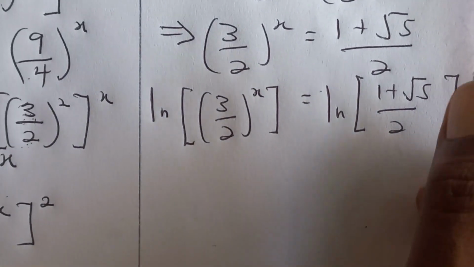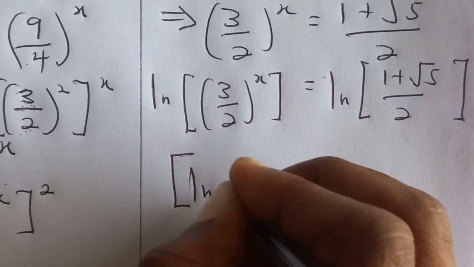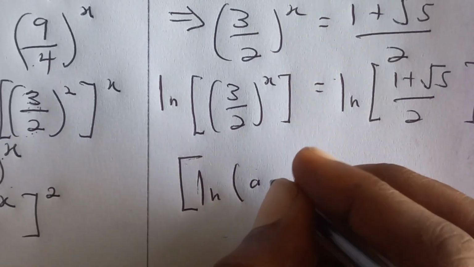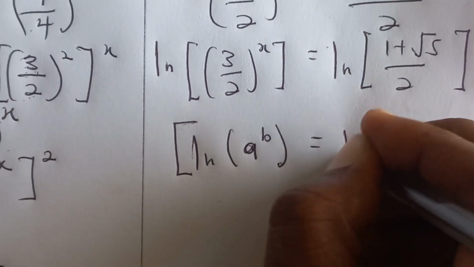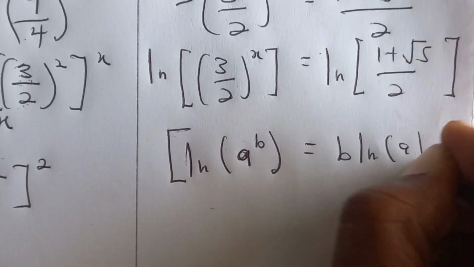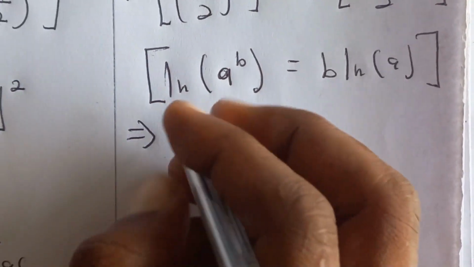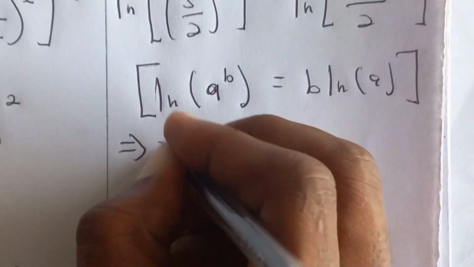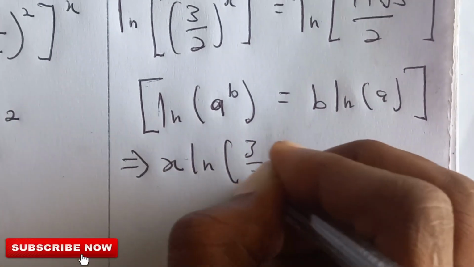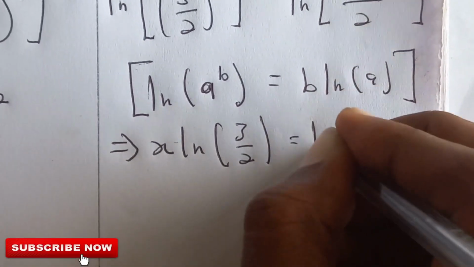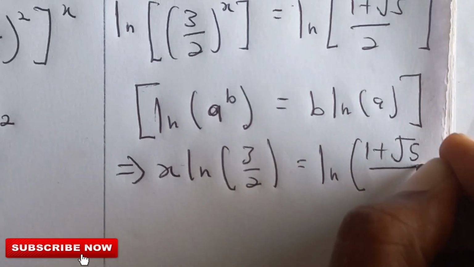Okay, so we have this rule in logarithm that says ln a exponent b is equal to b ln a. So our expression becomes x ln (3 on 2), which is equal to ln (1 plus root of 5 on 2).